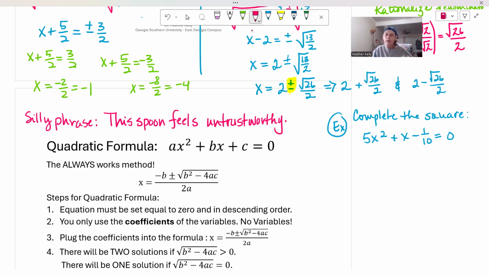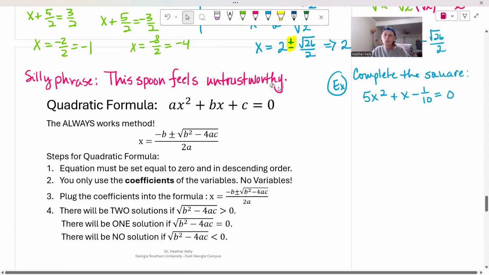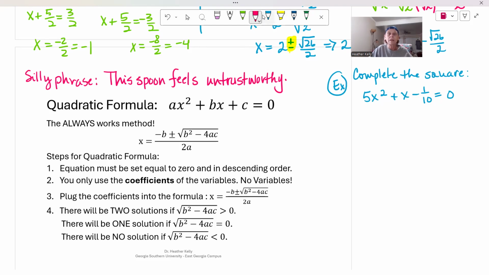All right. So let's get back to completing the square, because you guys would have been so mad at me if I did not do an example like this and one of these came up on your homework. I know it. So let's move that 1/10 over. And here you have to pull that 5 out.